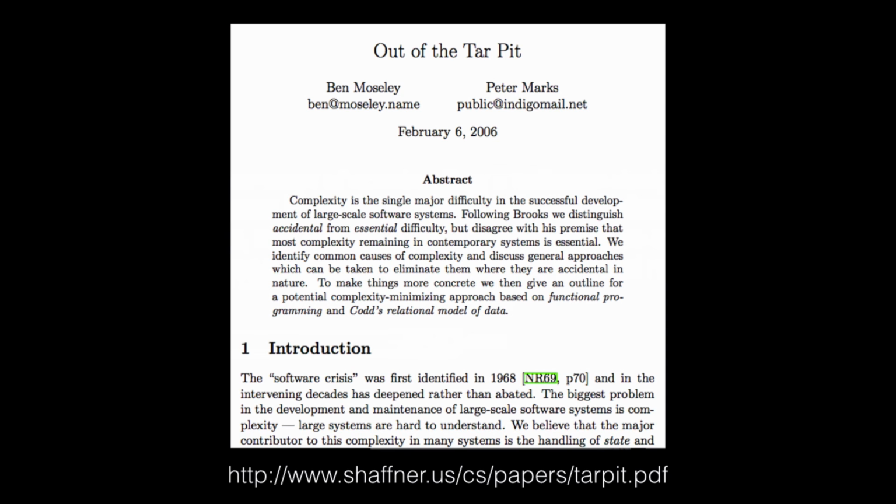So if you're looking for something good to read, Out of the Tar Pit from 2006 is a really readable paper. Basically, Fred Brooks talked about accidental and essential complexity in problems. The essential complexity of working on our software systems is basically the complexity that our customers have, the things that make the problems they're trying to solve complex and difficult.